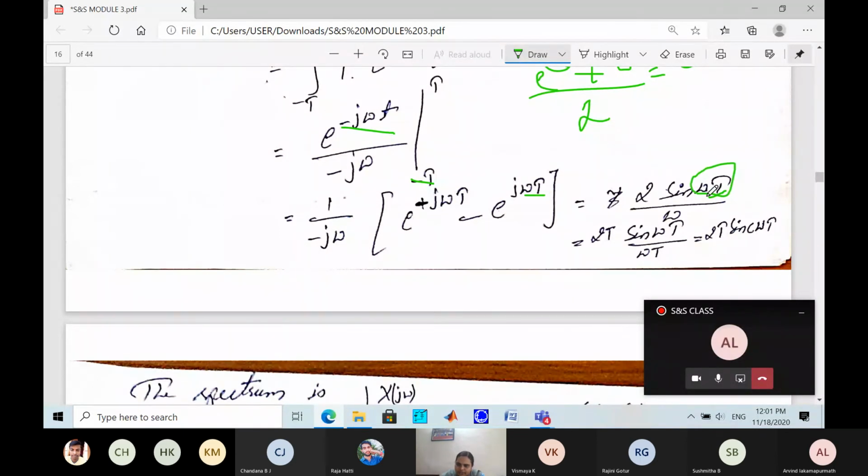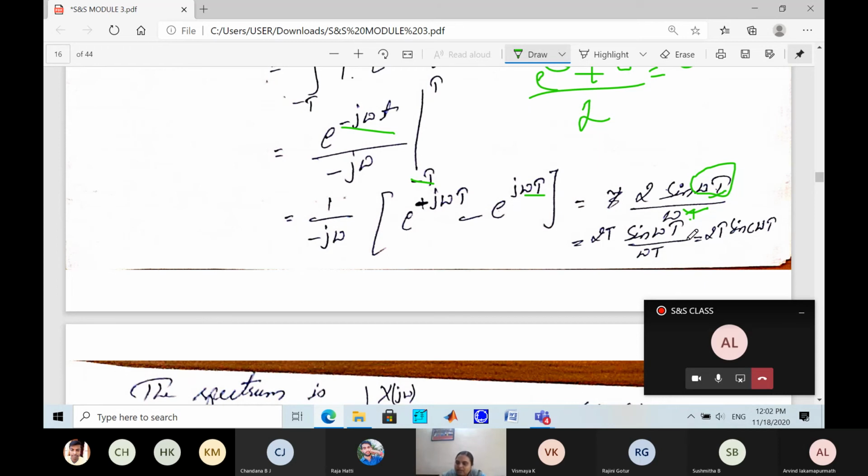Sine omega T, where omega is the frequency. Also notice the denominator: here we got omega T. Sometimes instead of omega you will be getting t, and then you have to multiply and divide by omega.